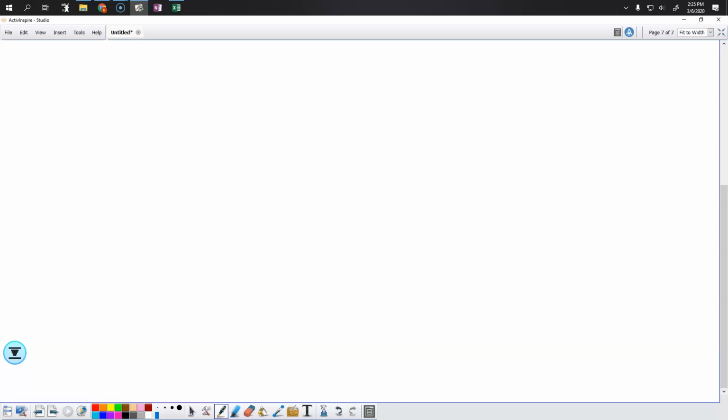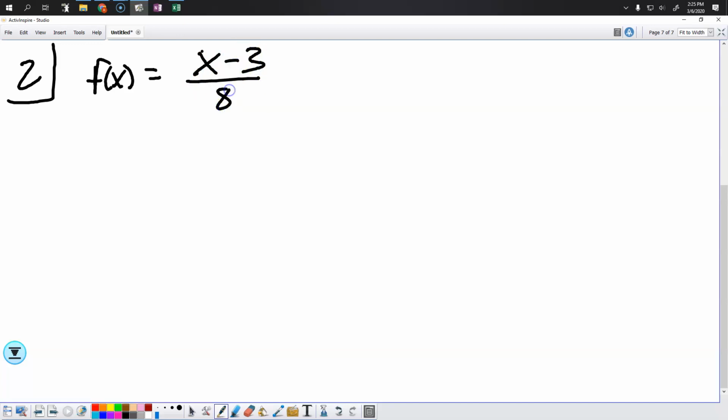So let me show you one that looks like this. So we'll call this example 2. Ready? F of X equals, let's just do the opposite of what we just did. How about X minus 3 over 8.